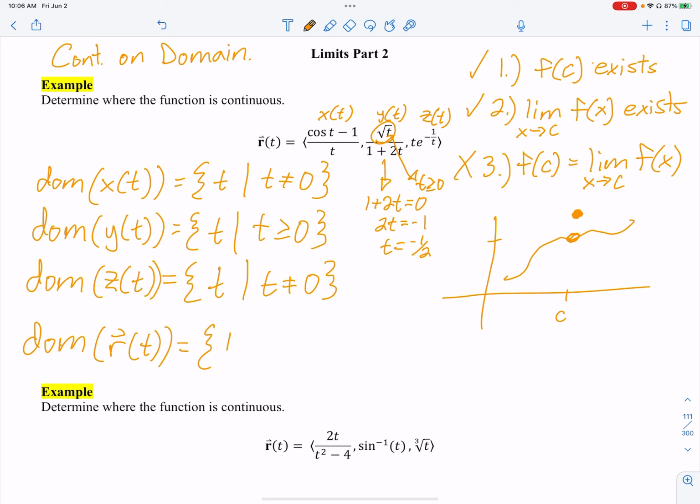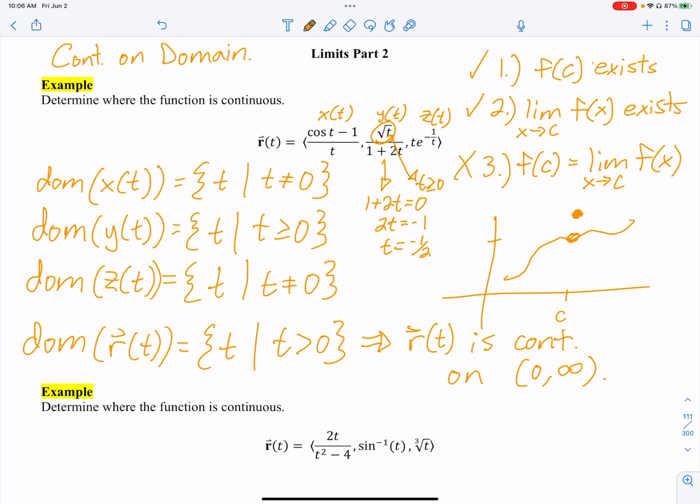So this is going to be all t such that, where the overlap, it can't be 0, it has to be greater than 0, so it's all t's greater than 0. That implies that r of t is continuous on 0 to infinity. All right, so it's the same as the domain. If you find the domain, you have the interval on which it is continuous.